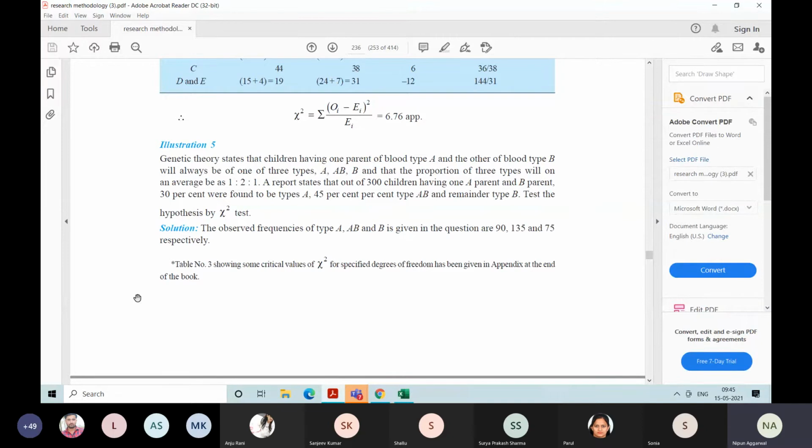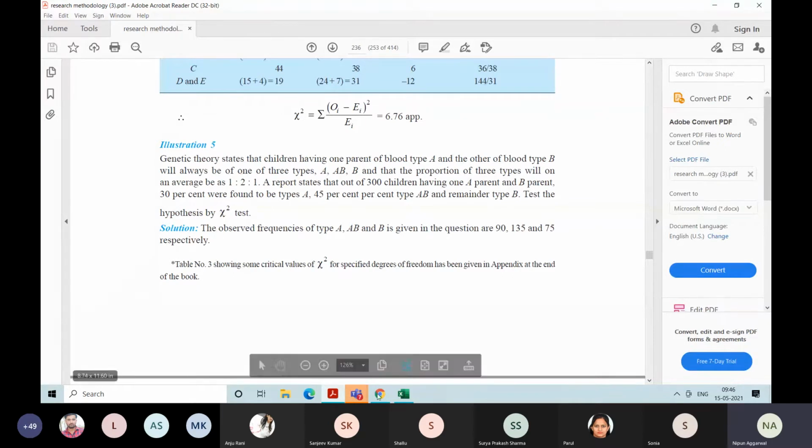The genetic theory says the expected frequencies are in the ratio 1:2:1. So I have to compare my report with the genetic theory, whether this report has a goodness of fit with the genetic theory or not. So that we have to check.